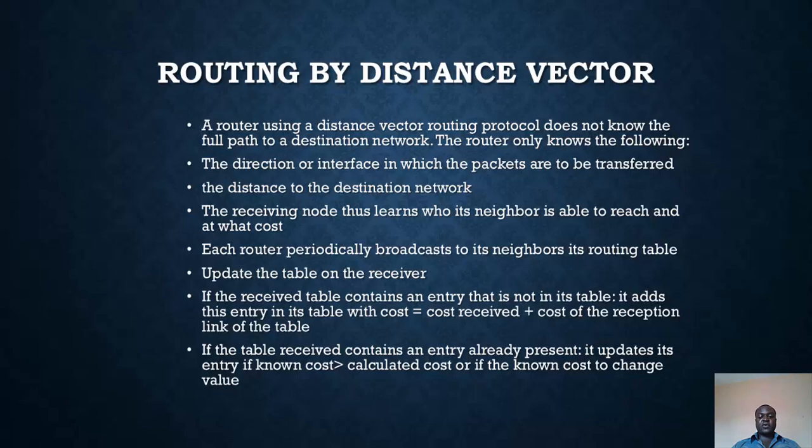If the received table contains an entry already present, it updates its entry if the new cost is superior, or if the calculated cost is superior, or if the cost changes value. These are the different conditions that help the router to choose a destination.